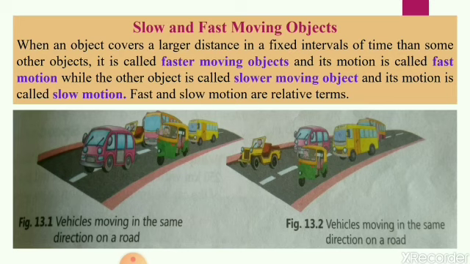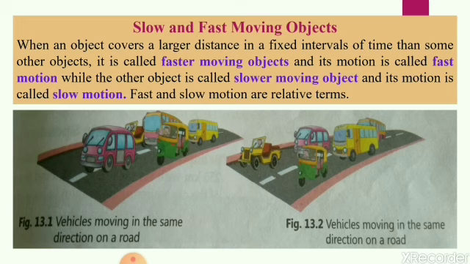Okay, so here two things may be there. If the distance is fixed, as in the example we have taken, the distance is fixed, that is 4 kilometer for bicycle, 4 kilometer for bus, but the time is different.